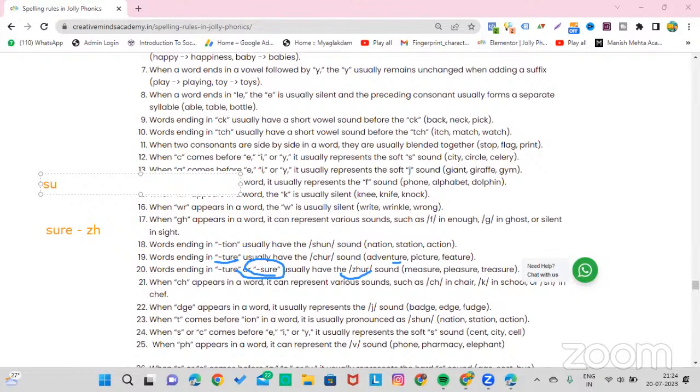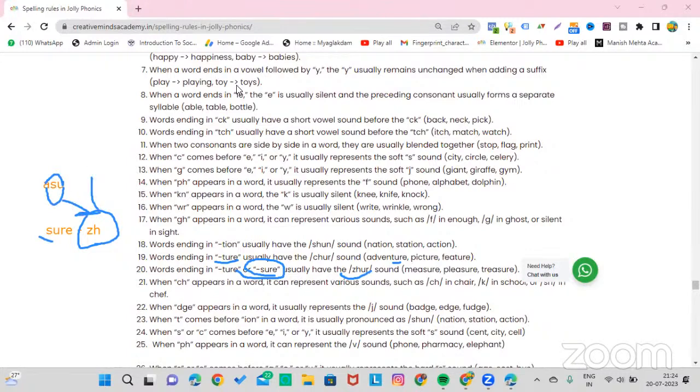Like in the word measure, you have A. In the word pleasure, you have A. In the word treasure, you have A. So S gives the sound of the letter Z and H, that is, the zh sound, if it is surrounded by vowels on both sides. So that's why it's measure, pleasure, treasure.